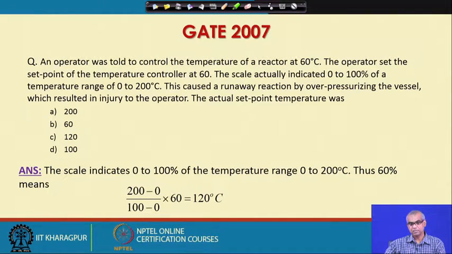So, the operator should have set the temperature at 60 degrees Celsius, but the operator set it at 120 degrees Celsius, because it was 60% of the range 0 to 200 degrees Celsius. So, to set at 60 degrees Celsius, the operator should have set it at 30% of the range 0 to 200 degrees Celsius. So, that the actual temperature would have been set to 60 degrees Celsius.